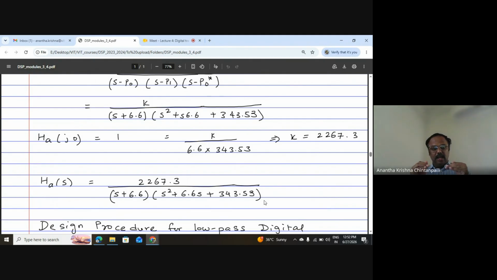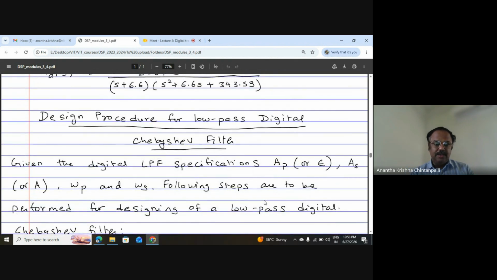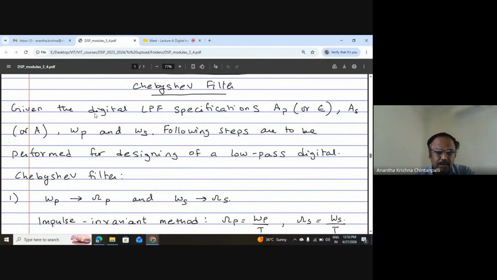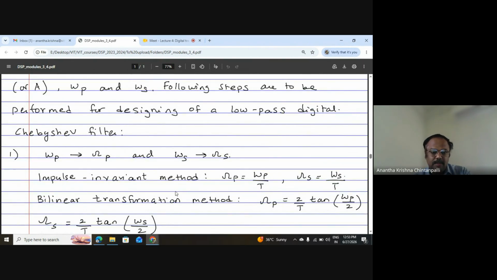Now, how do I design a digital Chebyshev filter? How we do that is, again, we have to apply impulse invariance or bilinear transformation. So this is again a design procedure. It's exactly the same thing, but you have to make sure that you compute your H of S from the Chebyshev perspective. So I'm not going to go through it again here. So omega p to continuous omega p, omega s to continuous omega s, you know that you can apply the impulse invariance method or bilinear transformation.